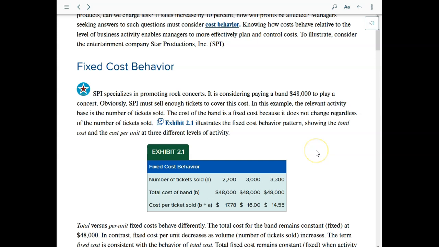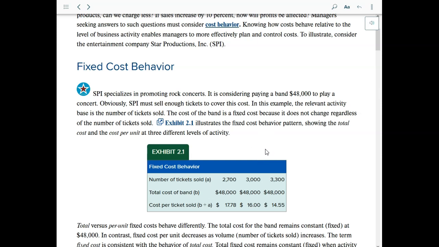Now, in fixed cost, here's an example the book has. Let's say there is a company that promotes rock concerts, and it's thinking about paying a band $48,000 to play a concert. So the $48,000 is a fixed cost. So no matter how many tickets they sell, they still will pay the band $48,000. Now, the thing about identifying a fixed cost is that the total cost does not change as the level of activity changes.